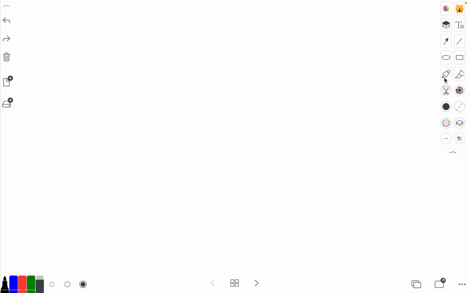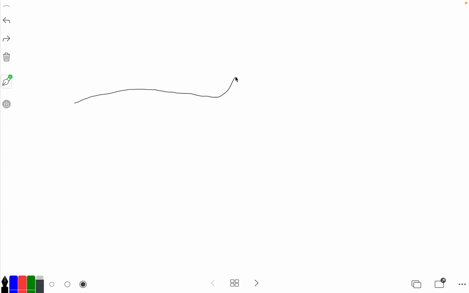Let's draw here our airplane. I should have done it bigger.